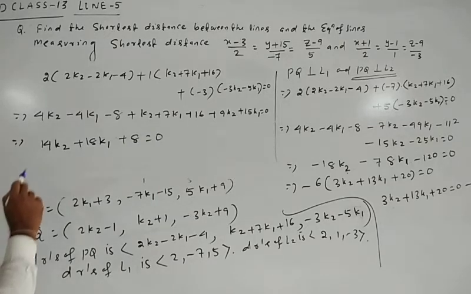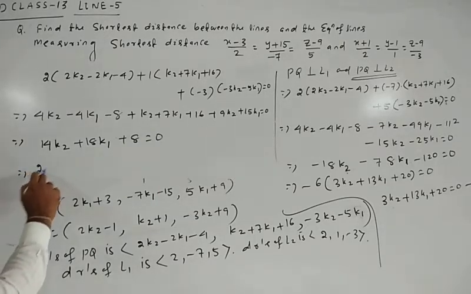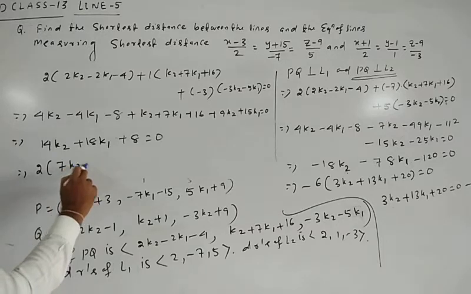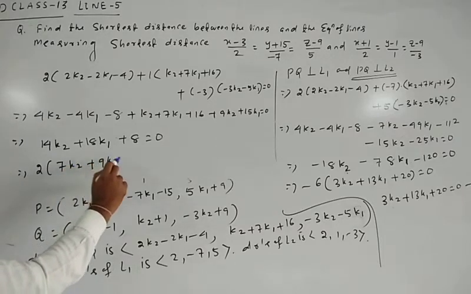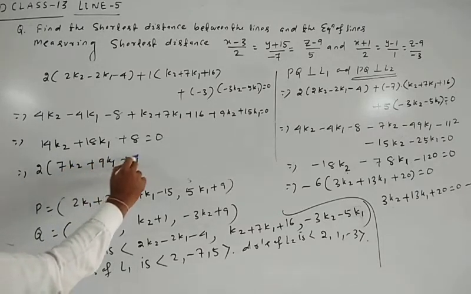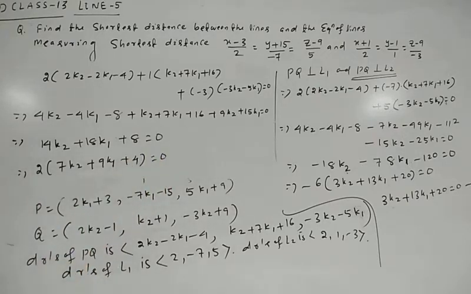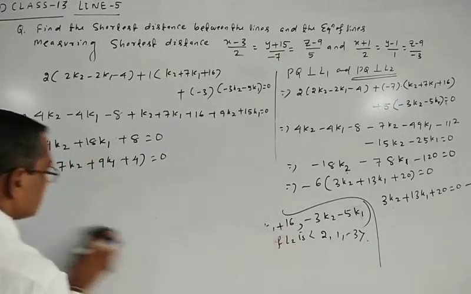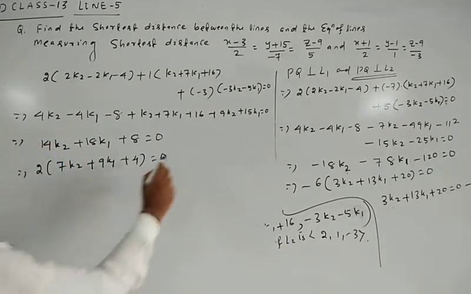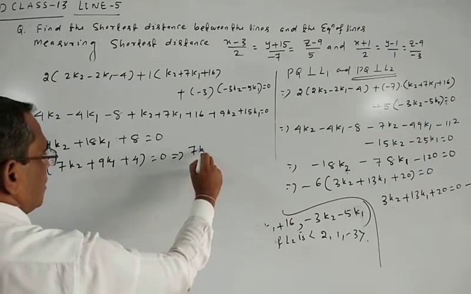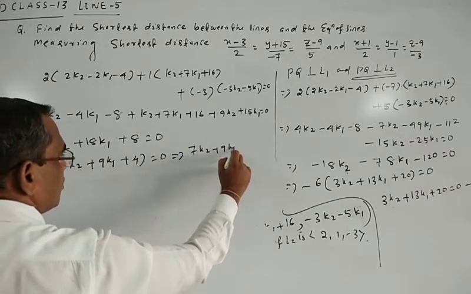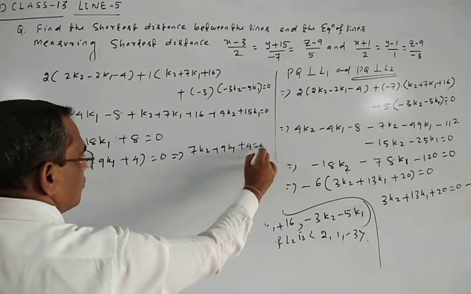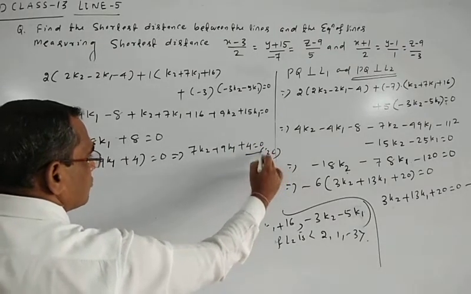Okay, so 2 common, that implies 7K2 plus 9K1 plus 4 is equal to 0. Let it be equation 2.